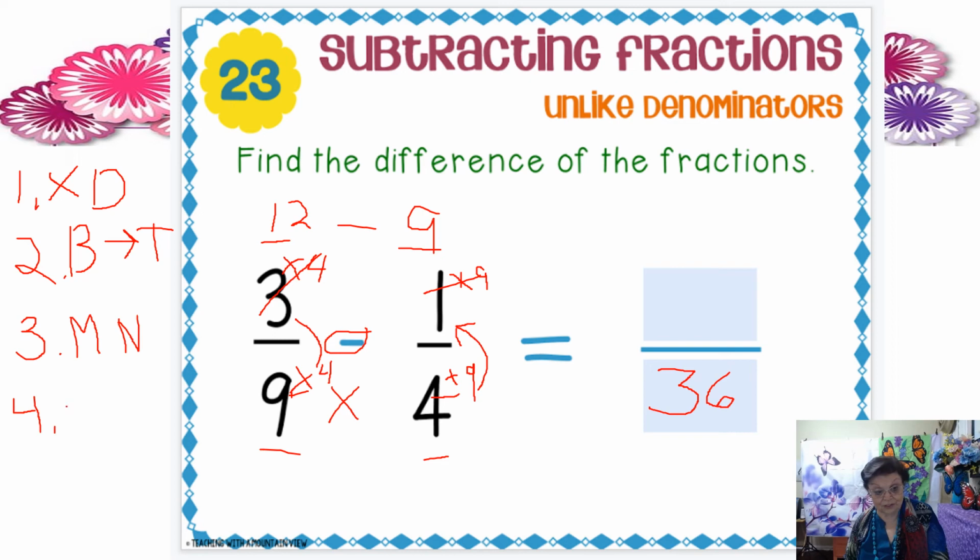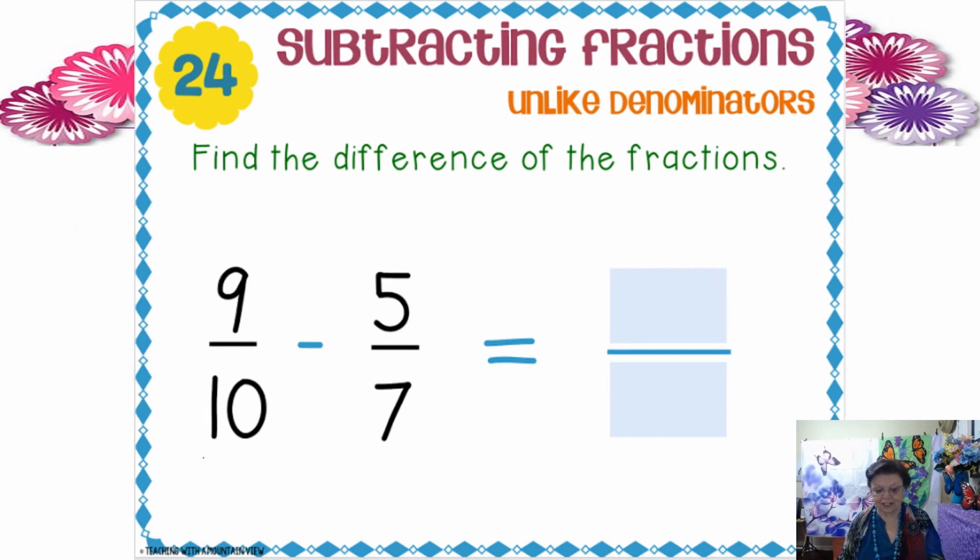Finally, we're going to subtract the new numerators. 12 minus 9 is 3. Done. Multiply the denominators. Whatever you do to the bottom, you have to do to the top. So go ahead and multiply your numerators and then subtract your new numerators. Done.